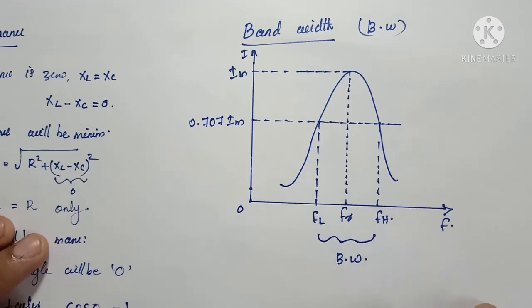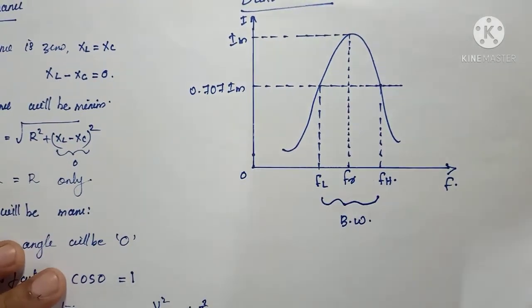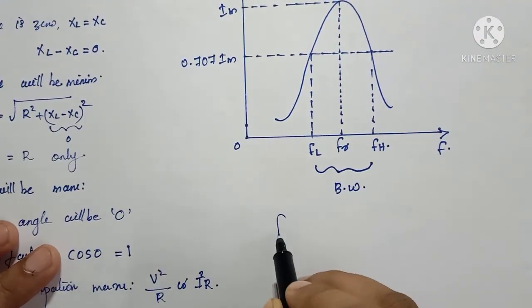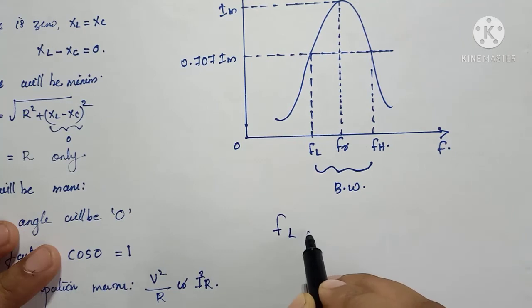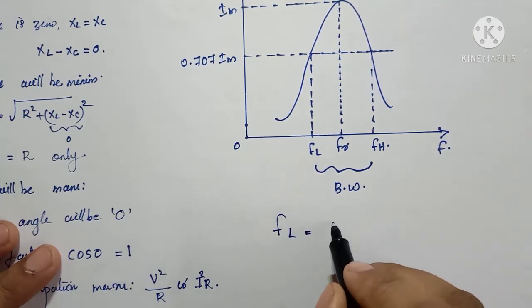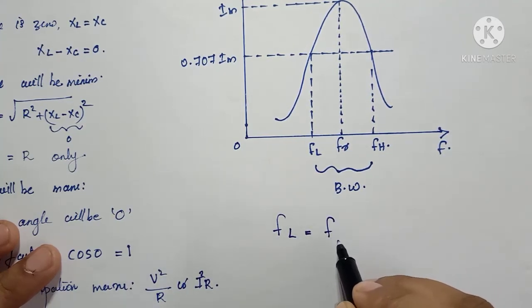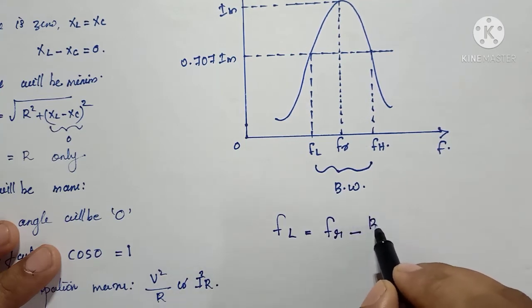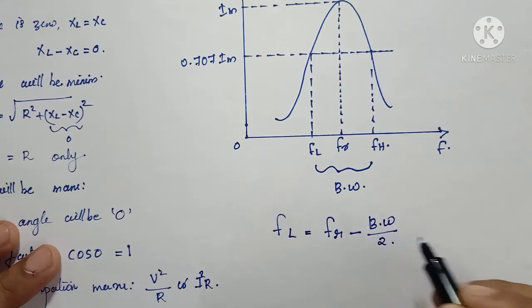Based on this, FL, the lower cutoff frequency, is nothing but the difference between the resonant frequency and half of bandwidth.